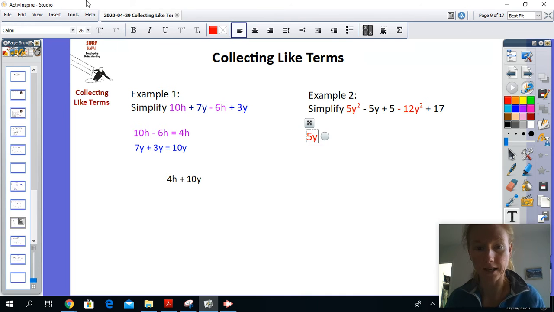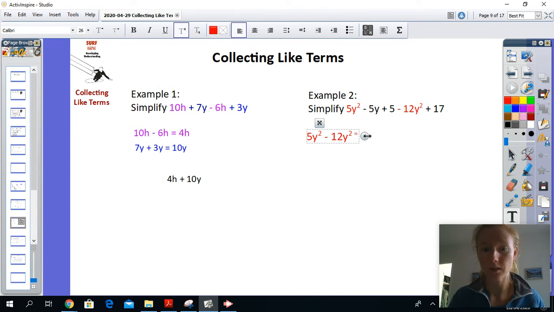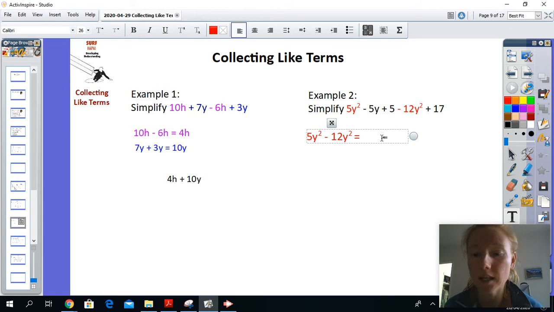So then I can write out in exactly the same order just what I highlighted above. And remember that that sign in front of that 12y squared, that takeaway, is the one that's really important. So here we need to work out what's 5y squared take away 12y squared.